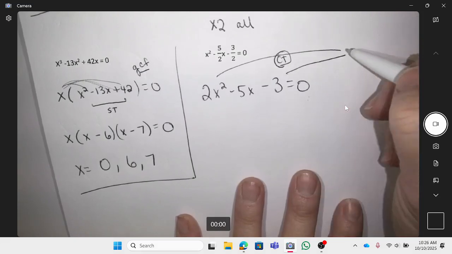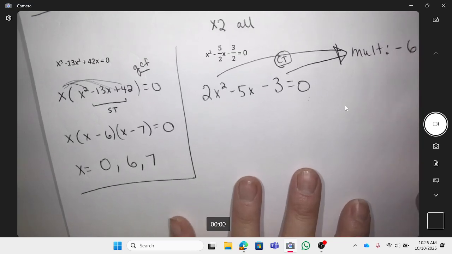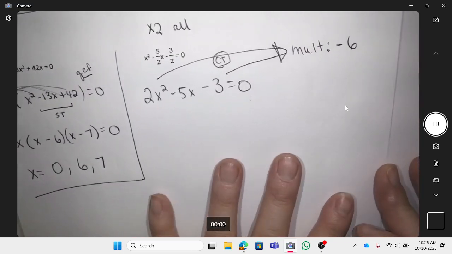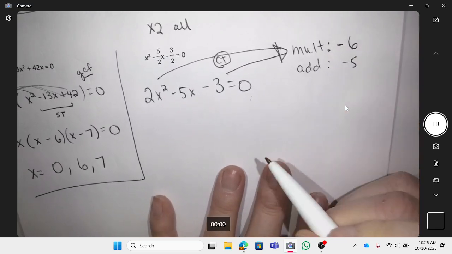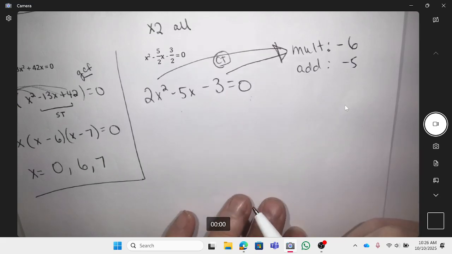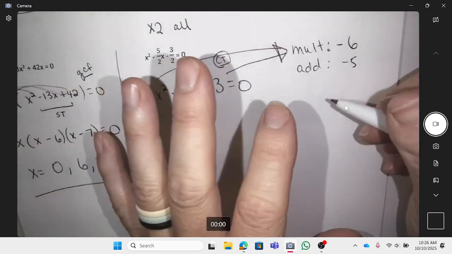We are going to do what? Multiply to -6 and add to -5. This is that tricky one again.